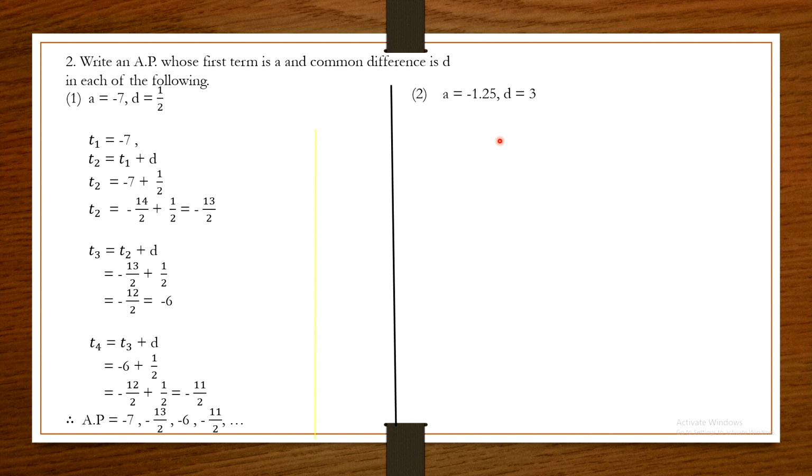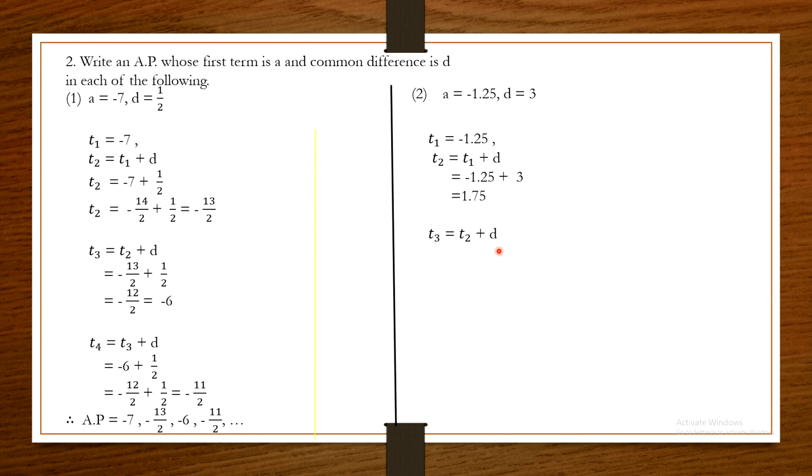Take another example. A equal to minus 1.25 and D is 3 given. So the first term of the AP is A, so T1 equal to minus 1.25. Let's find T2. T2 is T1 plus D, so minus 1.25 plus 3. The value of 3 you can just write as 3.00, minus 1.25, we will get 1.75. Now let's find T3.